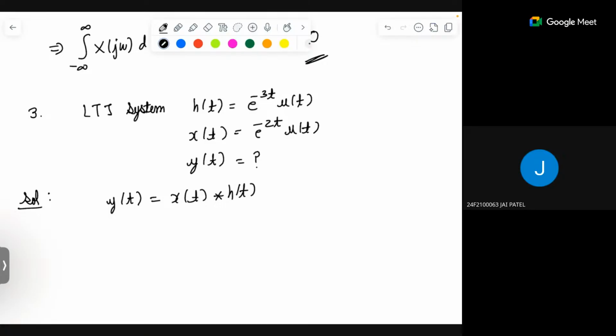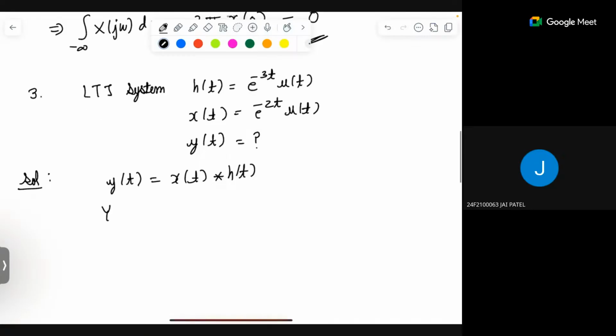When we go to Fourier transform, according to the property of Fourier transform, the Fourier transforms of x(t) and h(t) will be multiplied. So Y of j omega will be equal to X of j omega multiplied by H of j omega.